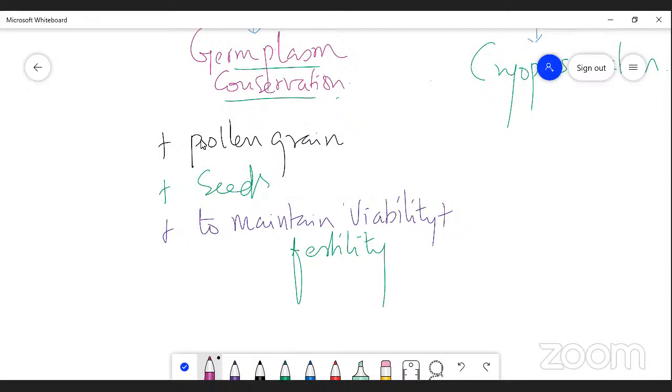The purpose is simply to improve the hybridization technique.